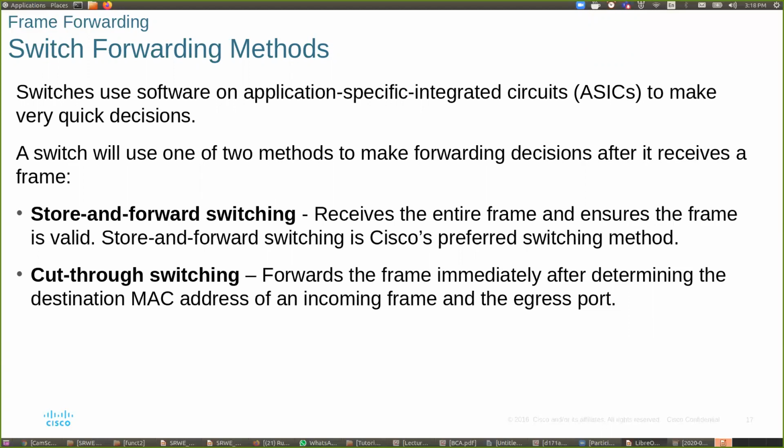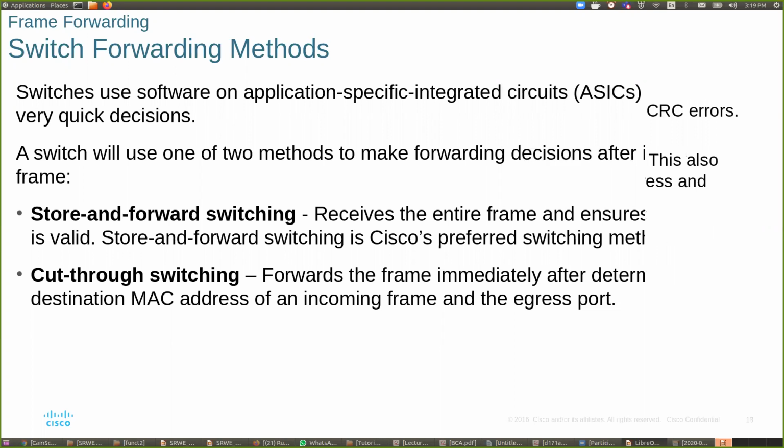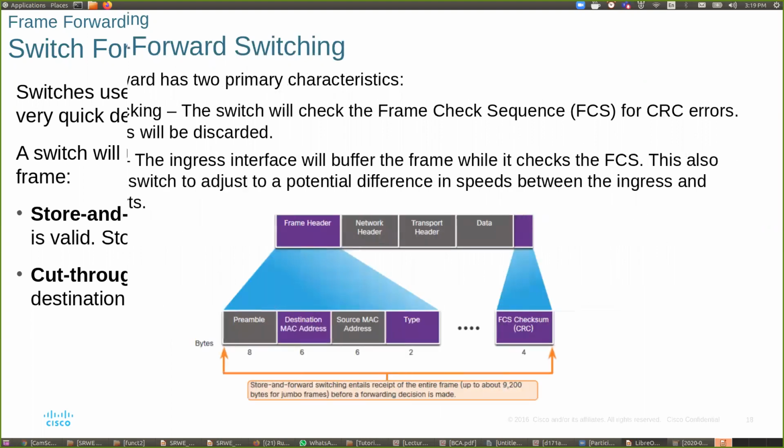Another method is called cut-through switching. In cut-through switching, the moment the switch starts receiving the frame, once it has the destination MAC address, which is near the start of the frame, the switch will start to forward it.